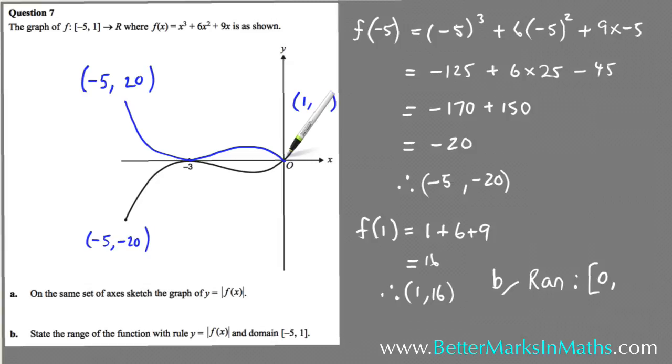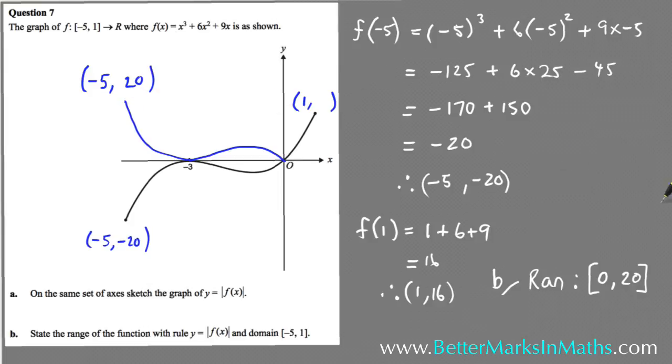And so 0 is part of this new graph, and the highest value, as I mentioned, is going to be 20, and that's included because this is a colored in dot, which means the point is included. So that means this y value is included.